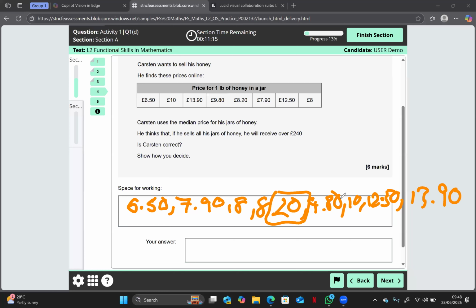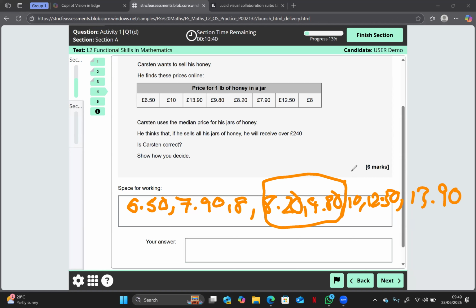Oh no, sorry, that's 8.20, so it wouldn't be that, my bad. The median would be the fourth and fifth numbers. It would be these two.